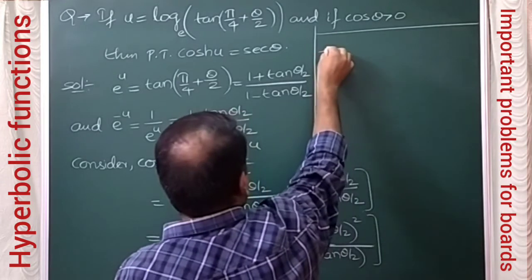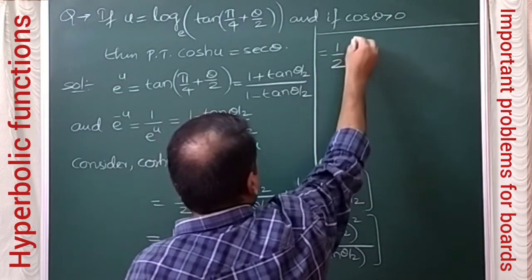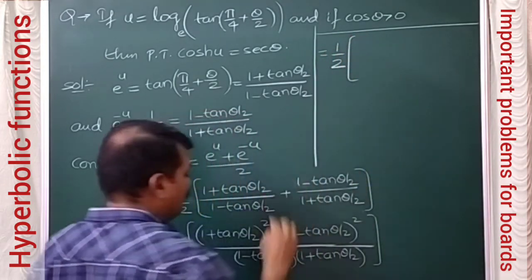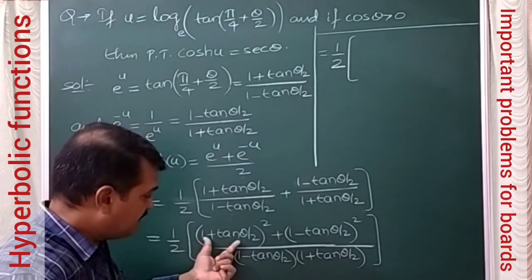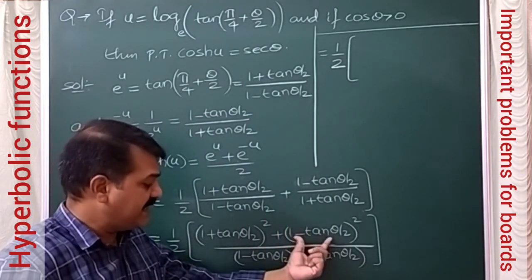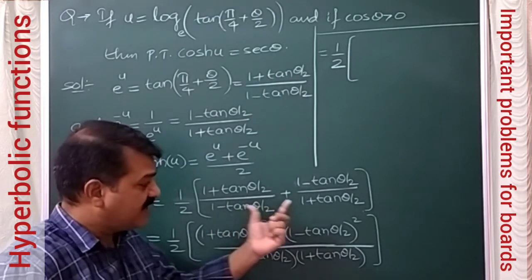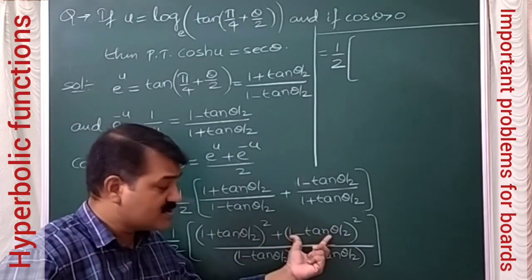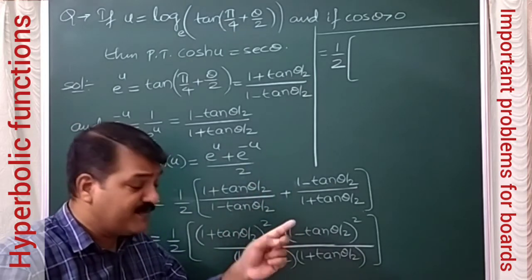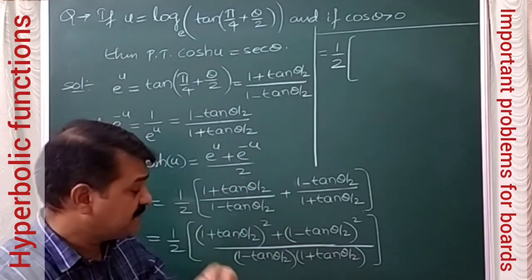Just observe carefully. 1 by 2. Numerator, this is a plus b whole square plus a minus b whole square, which will be 2 times a square plus b square.